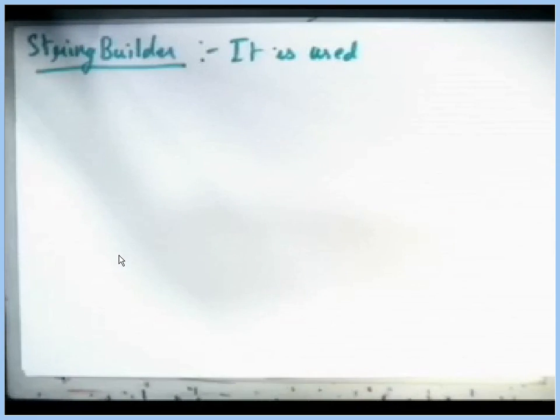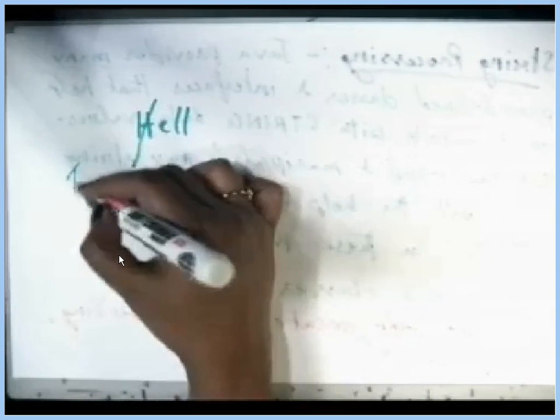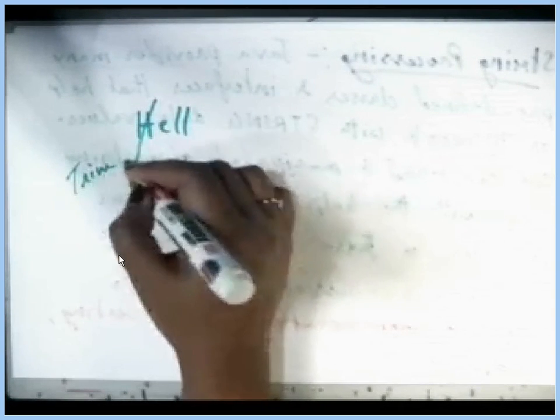Trimming means to cut. Let's say there's a word hell. If you want to trim H, you trim H and you will get ell.